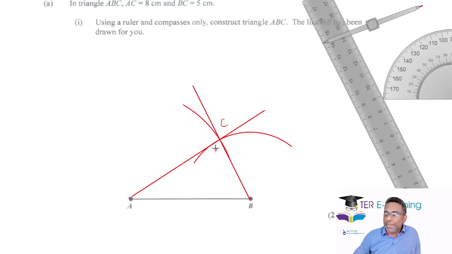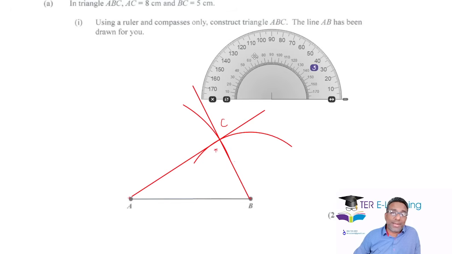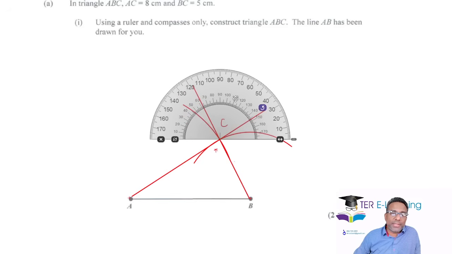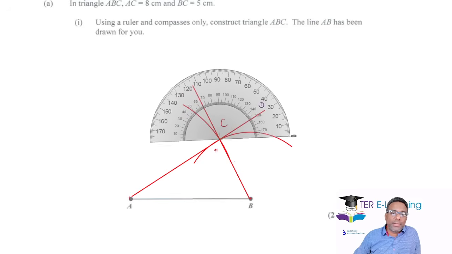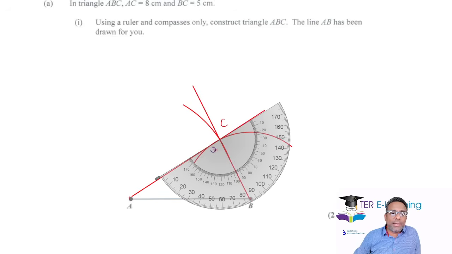So if you want to measure that angle, let's get rid of some of these things here. Don't need this anymore, but I do need a protractor. So let's put this protractor here, and we're going to measure that angle BAC.